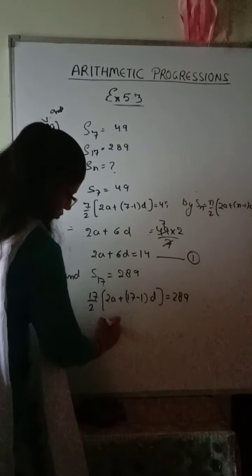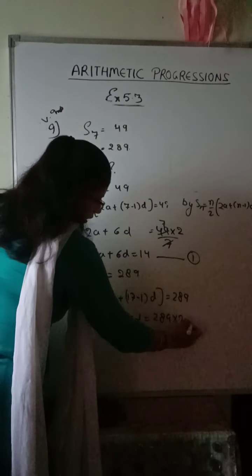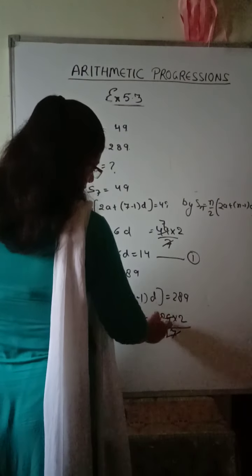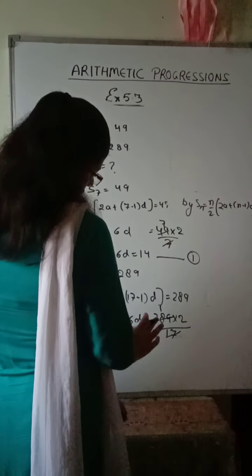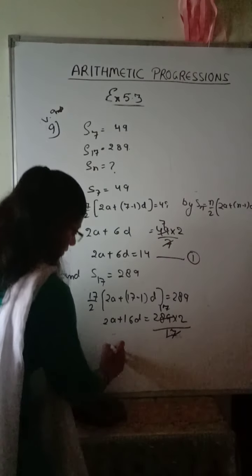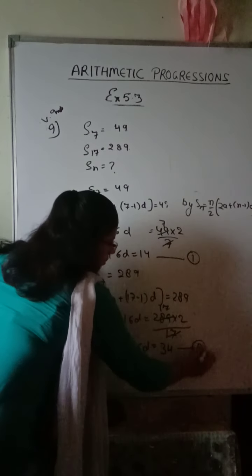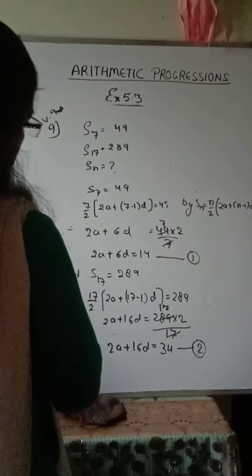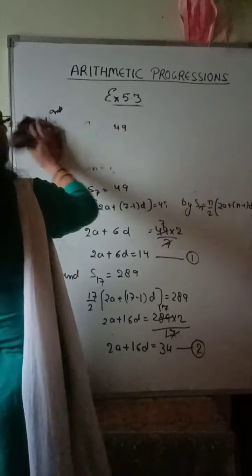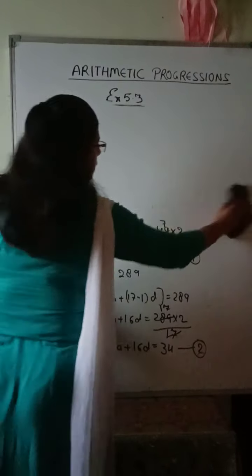Now send these both here. 2a plus 16d equals to 289 into 2 divided by 17. 17 1s are 17, 17 7s are 119. So this will become 2a plus 16d is equals to 34. Equation number 2. Now we have to solve equation 1 and 2. What do we have to find? Sum of n terms. Remember this, we have to find the sum of n terms.